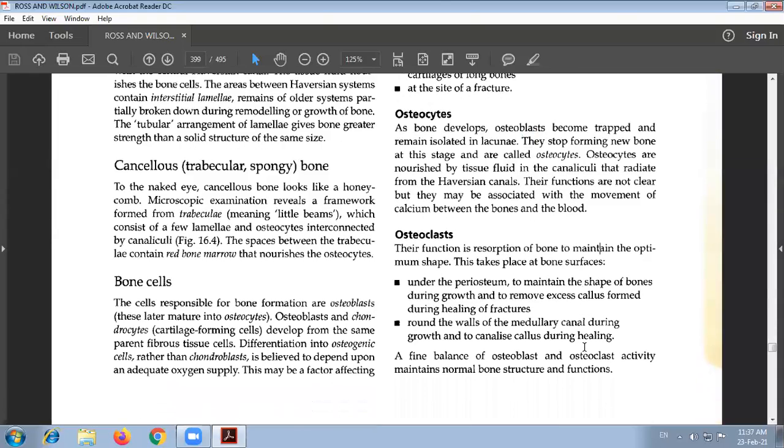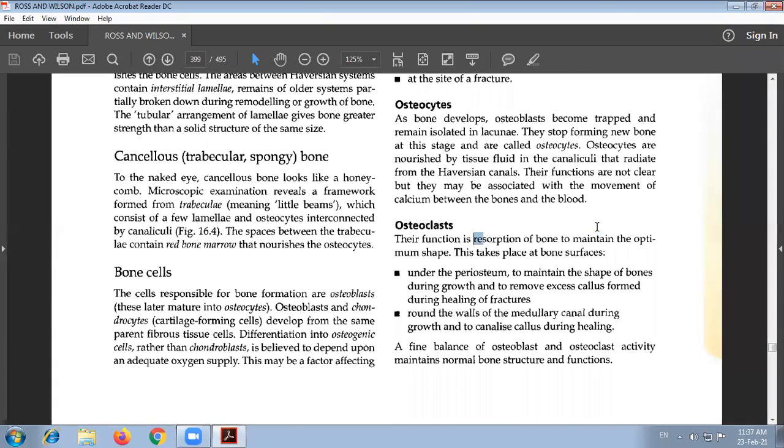Then the osteoclast, their function is the resorption of bone to maintain the optimum shape. So the shape of the bone depends on the osteoclast. Under the periosteum, to maintain the shape of the bone during growth from childhood to adulthood, and then healing of fractures, there is a fine balance between osteoblast and osteoclast activity that maintains the normal bone structure and functions.